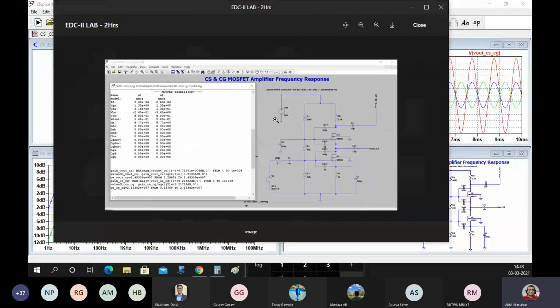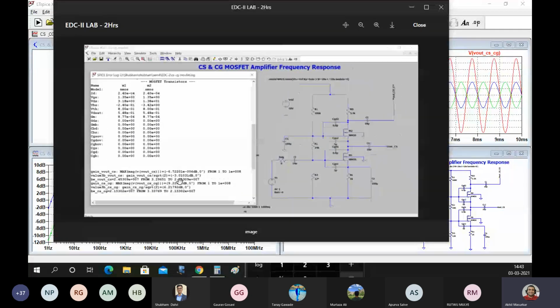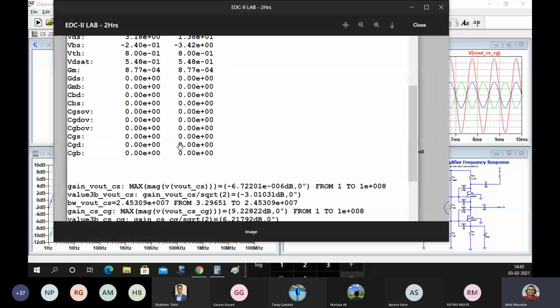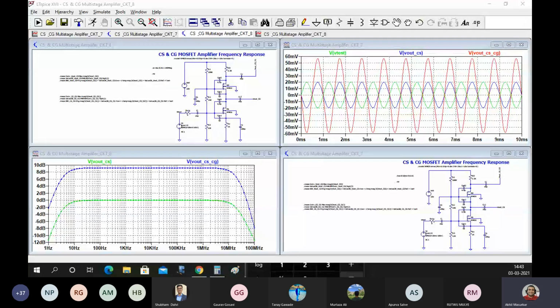This is correct. Okay. So suddenly what we get here is a huge improvement in bandwidth. But just by seeing CSCG, we will not be able to say that. We have to see CSCG with respect to CSCS. So that is the next part of our experiment.